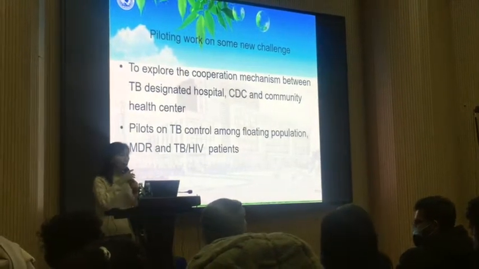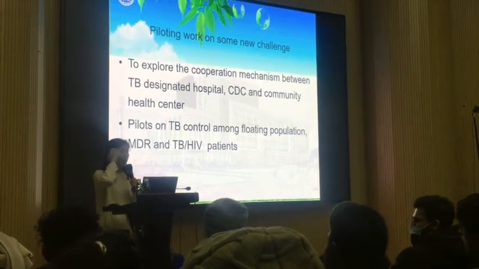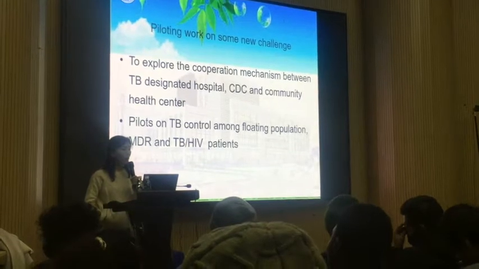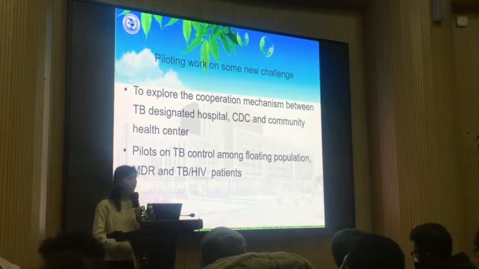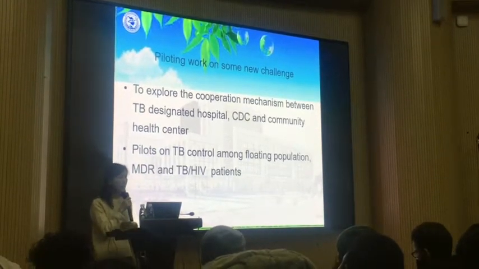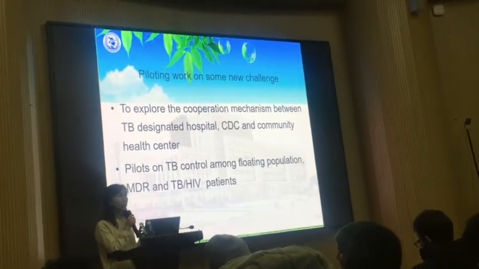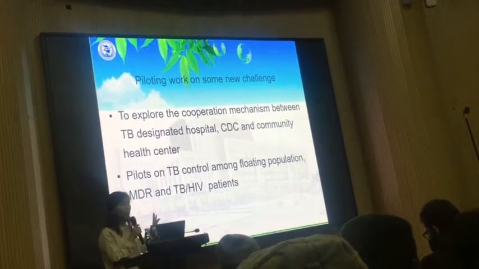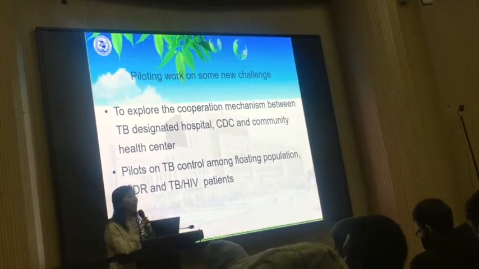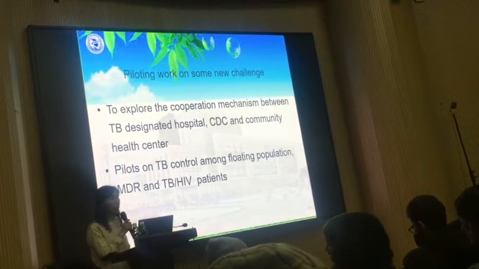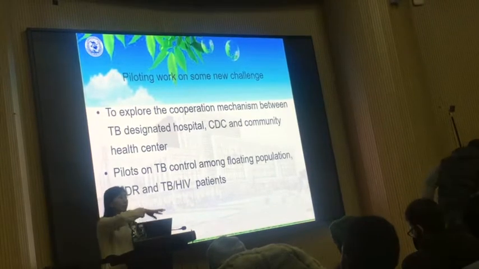Also, we do some highlighting work on some new challenges, such as to explore the cooperation mechanism between the TB designated hospital, CDC, and the community health center. Just now I mentioned that the TB designated hospital is in charge of diagnosis and treatment. CDC is in charge of the management of TB control of the whole area.